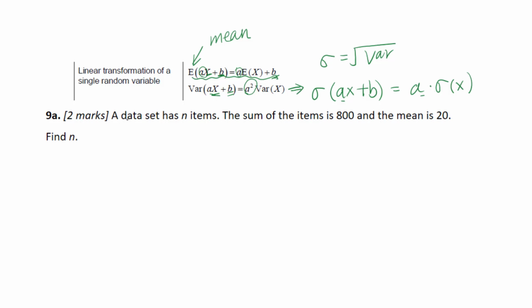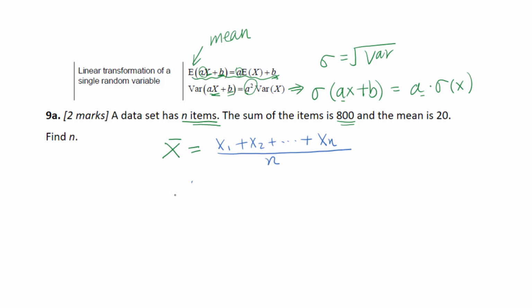For 9A, a data set has n terms. The sum of the items is 800, and the mean is 20. Find n. Mean equals all your data added together, then divided by how many data you have.